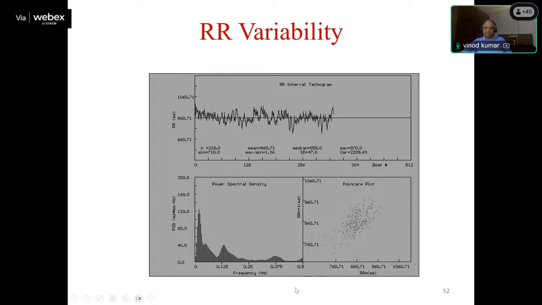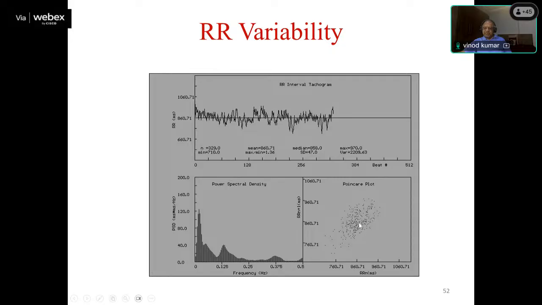In the Poincare plot, the first beat I plot here, that is 760 millisecond. The second beat I plot on the y-axis, here it is 780 millisecond. So this is one point, this is another point. Similarly, this point, this point, this point.